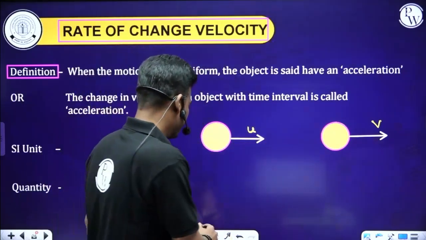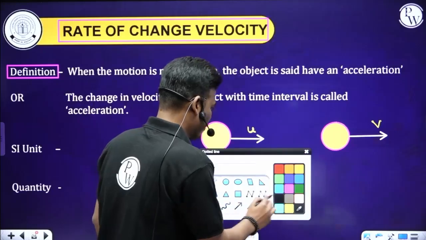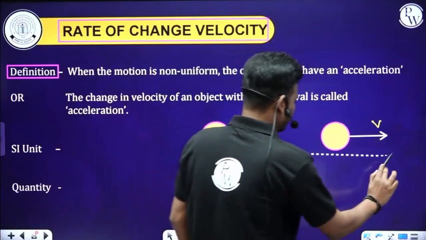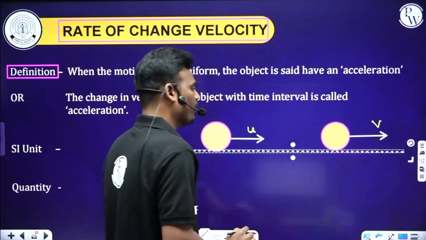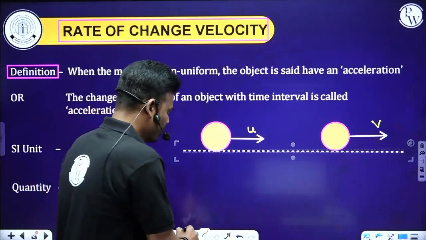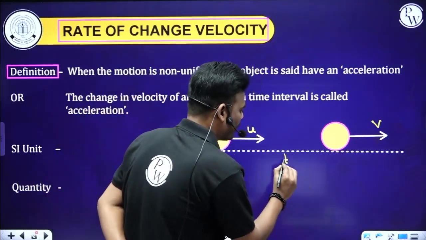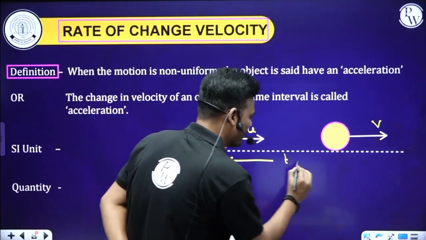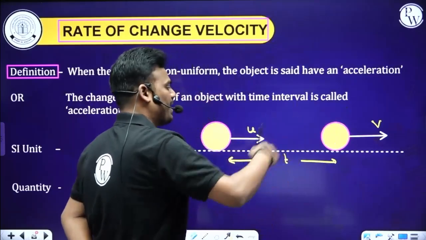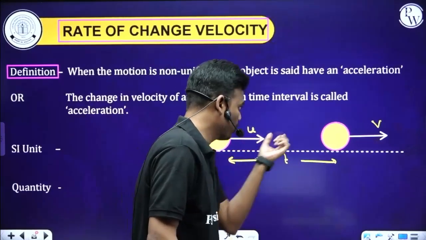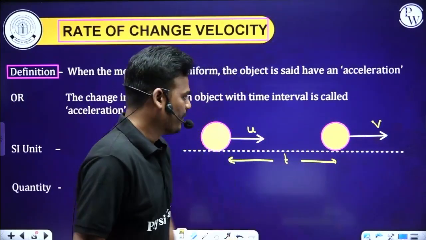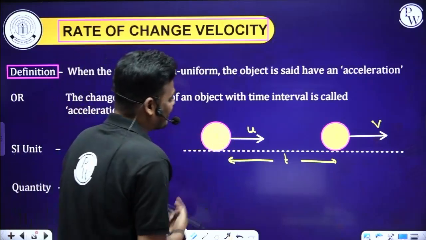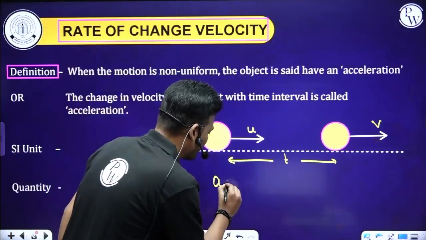I'll consider an example also. Don't worry. So this is a road or a floor or a ground. In a time t, from here to here, the velocity has changed from initial velocity u to final velocity v. Then how can acceleration be presented?